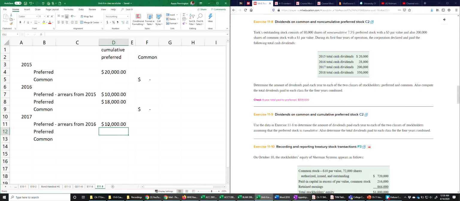Now, in 2017, $200,000 was paid in dividends, so they can take the full dividend preference of $30,000.